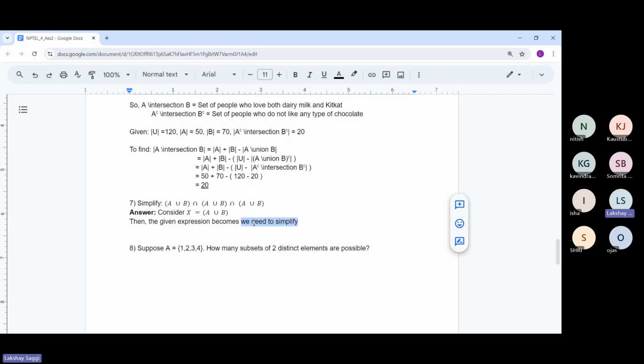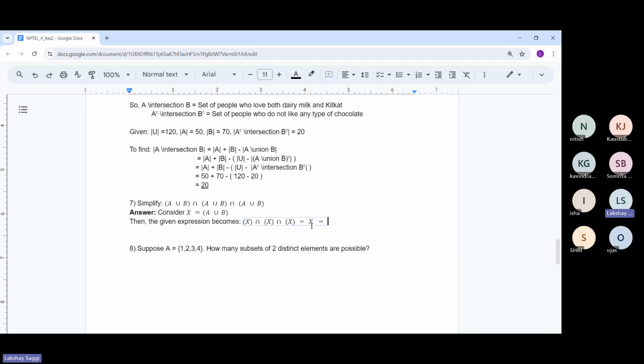The given expression becomes nothing but, when I replace A union B by X, X intersection X intersection X. You can take intersections in any order since intersection is associative. So this just becomes equal to X. And what is X?